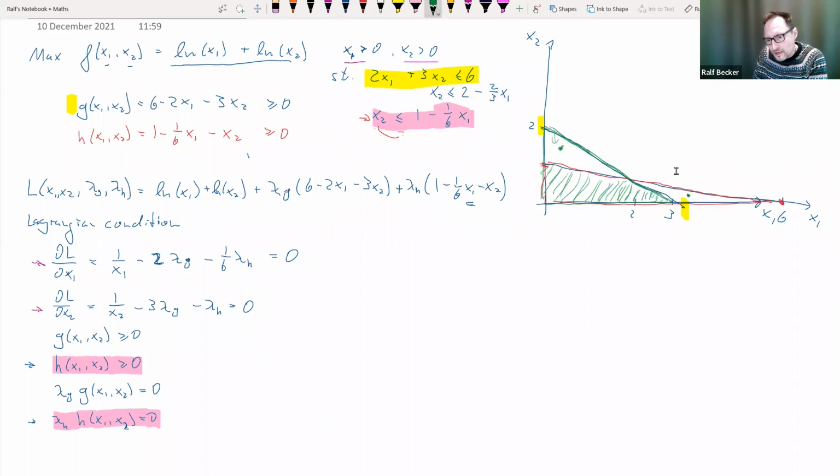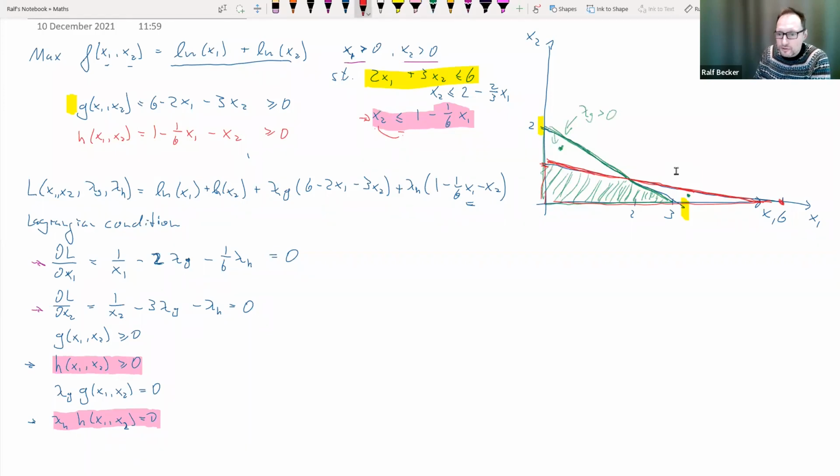If we only had the red constraint, what we would do next is look for potential solutions on this constraint. Looking here on that line, that was our first constraint, the G constraint, we would look for solutions where lambda G is larger than 0.